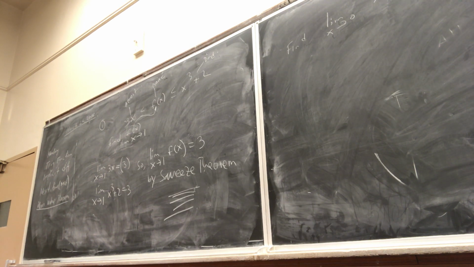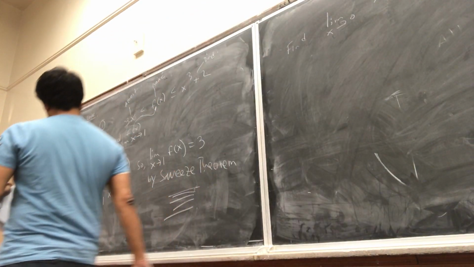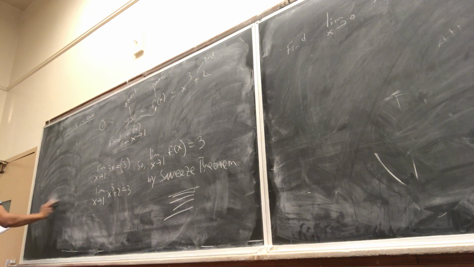Number 5: the limit as x goes to 0 of 8 minus x cubed f of x, and the limit as x goes to 0 of 8 plus x cubed. The limit as x goes to 0 of x sine x. The limit as x goes to 0 of x cubed cosine of 1 over x.